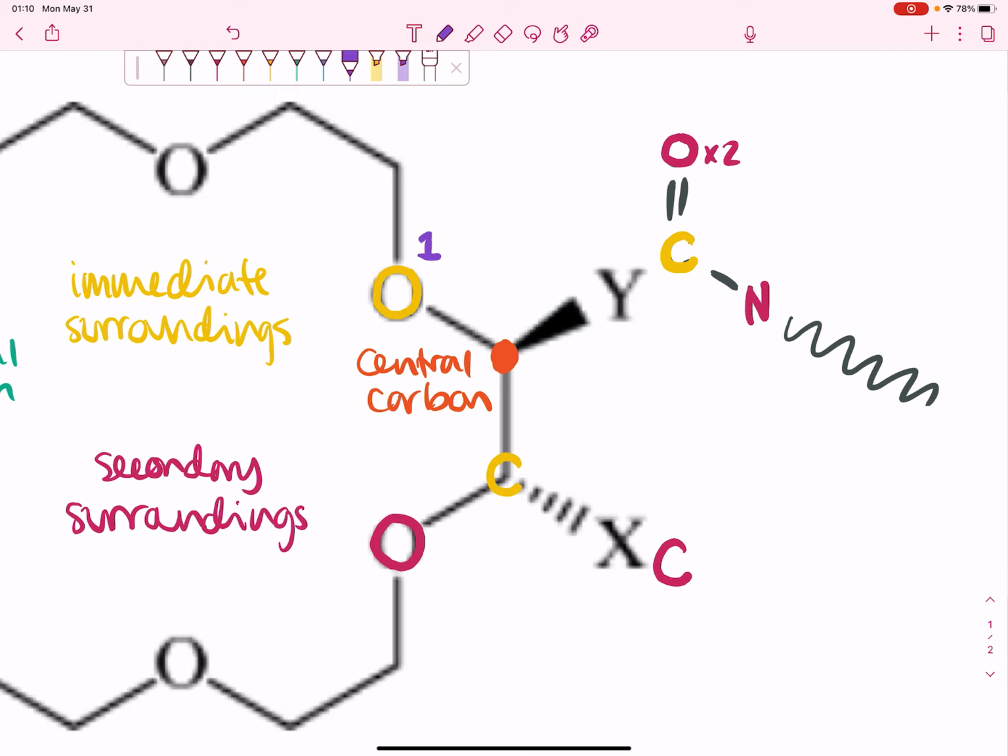So we give that a number 2, which means this is number 3. And we've got our hydrogen going into the page here, unlabeled at number 4.